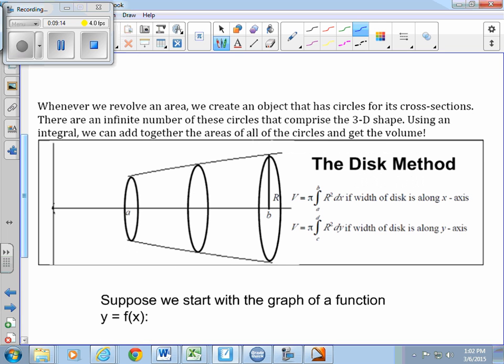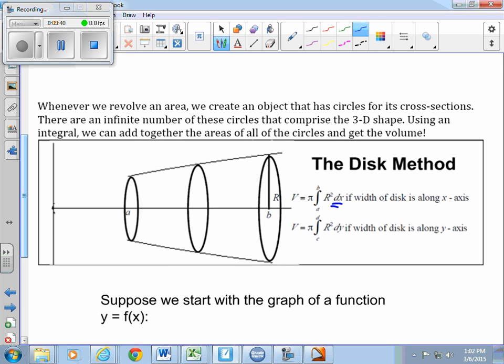Whenever we revolve around the x-axis, we create circles perpendicular to the x-axis, so we get a dx for our volume. Notice it's the integral from a to b of pi r squared.